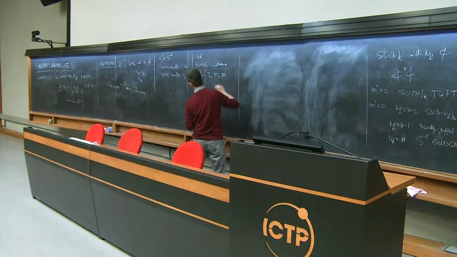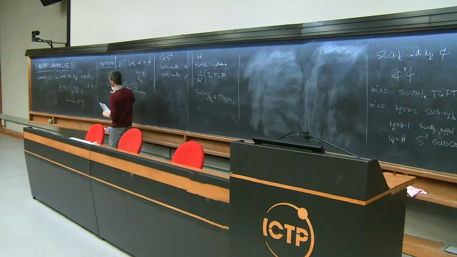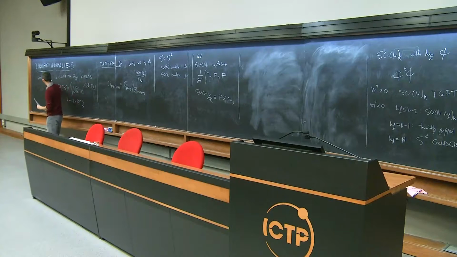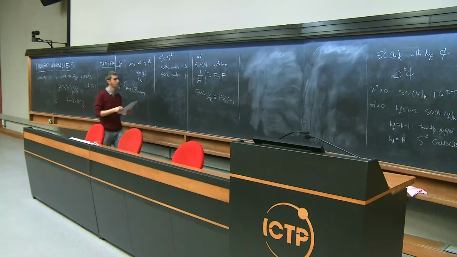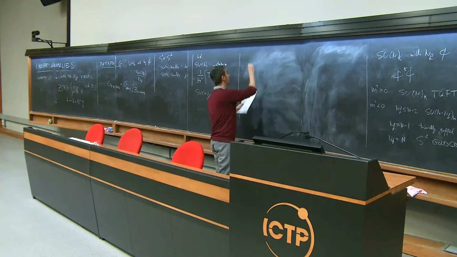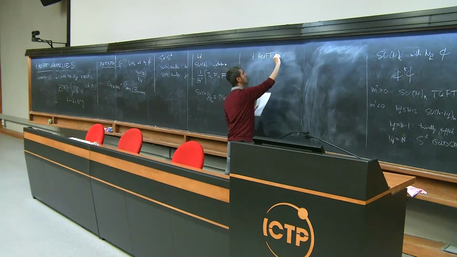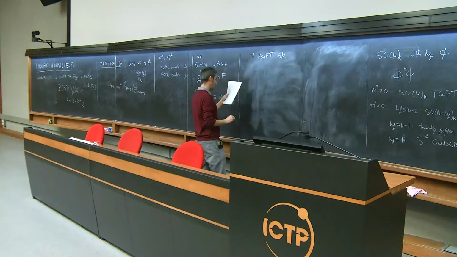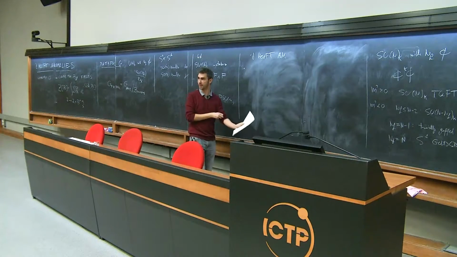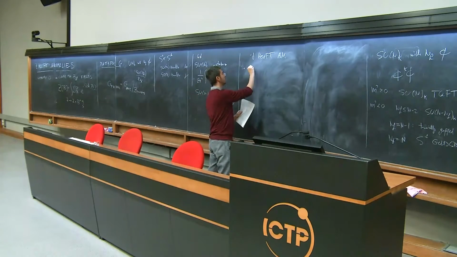Well, if you look at infinitesimal transformations for G, so suppose that this G is continuous and we just look at transformations which are close to the identity, one way to phrase 't Hooft anomalies is that if you look at correlation functions at separated points, those are invariant.